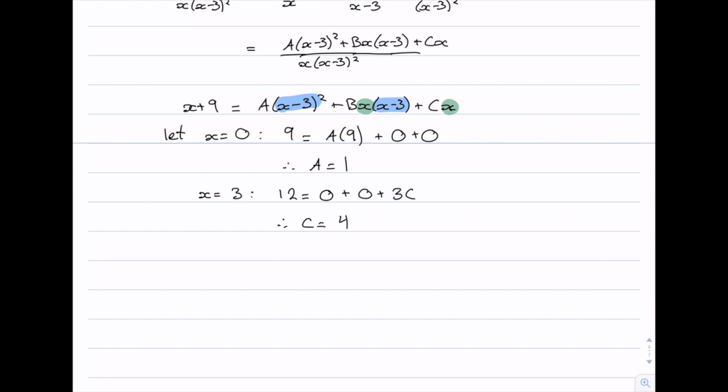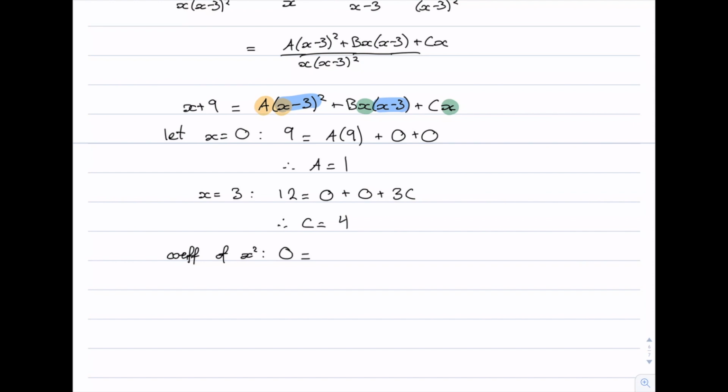Now we just need to work out what b is. And how would we do that? Well, I think we should look at the coefficient of x squared. On the left-hand side, the coefficient of x squared is 0 because there's no x squared term. Where do we get the coefficient of x squared on the right-hand side? Well, it would come from a times x squared, which we'd get if we expanded out that bracket.